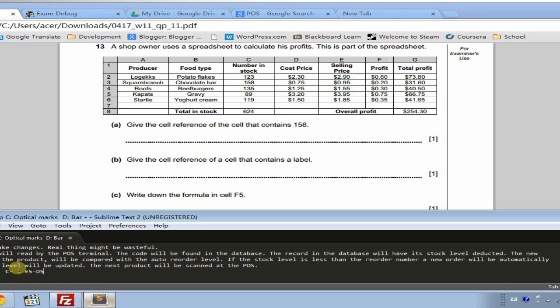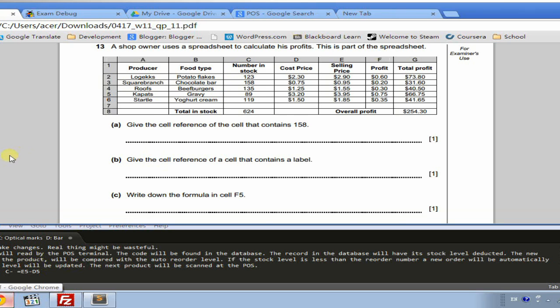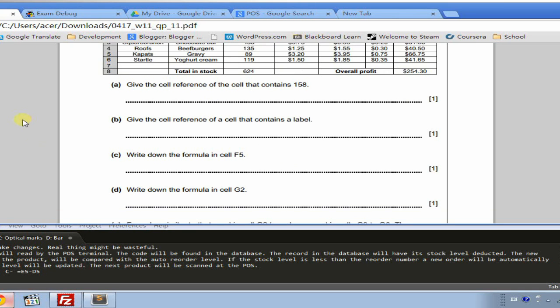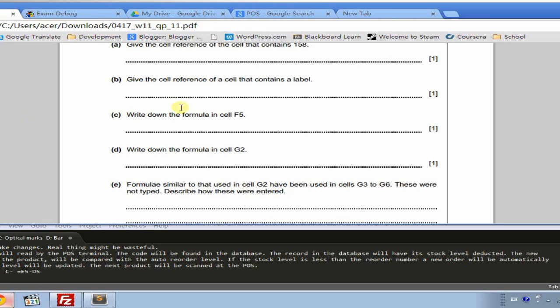So equals E5 minus D5 will be the formula in here. Yep. Okay. Again, you just have to know your spreadsheets at this point. It's more the practical side. Okay. Write down the formula in cell G2.